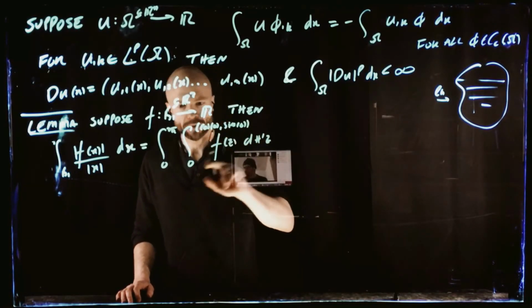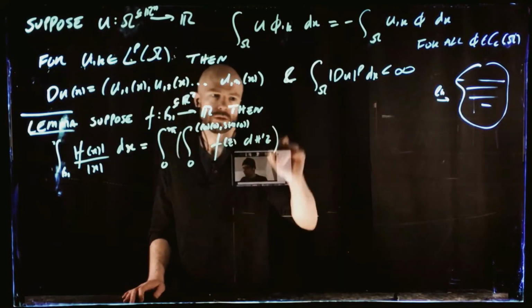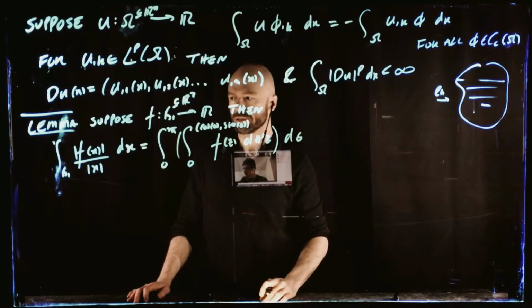So this is the one-dimensional integral along the path from 0 to this thing, and then the integral in θ like this. Okay?